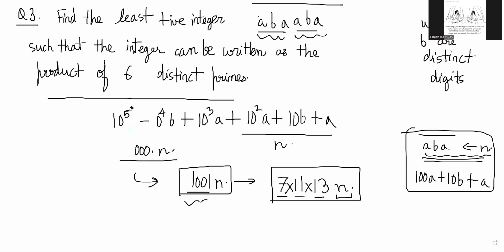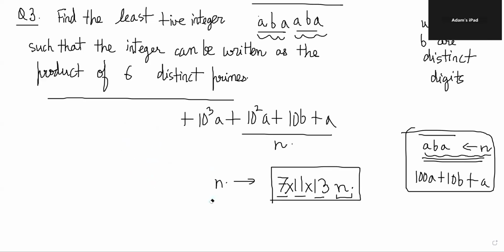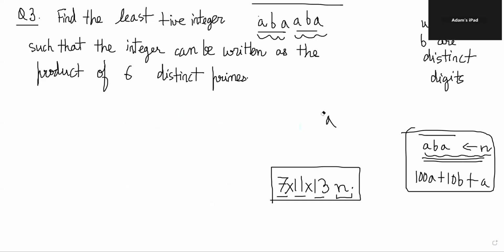It's still not super obvious. You have to think a little. So you have three prime numbers multiplied to N. Are you getting anything? You should start by taking cases of A.